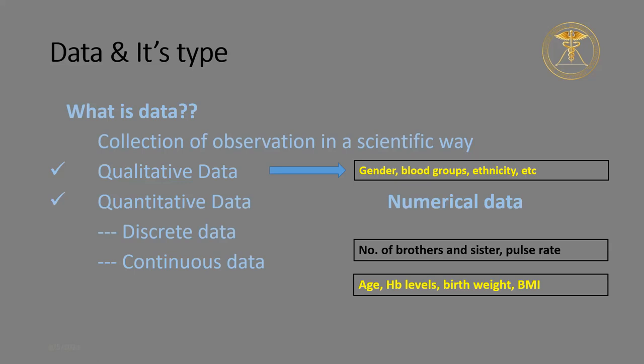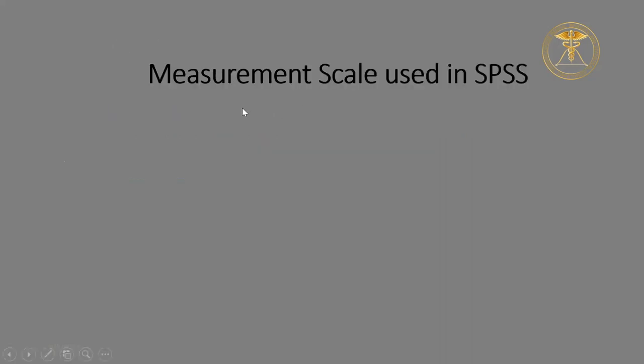HB can be given in the form of decimals, with each and every possible decimal place between two numbers. So all the data that contains decimals is continuous data. Data that does not contain decimals is discrete data, and both are collectively called quantitative data. And the data that is non-numbered is qualitative data or categorical data.